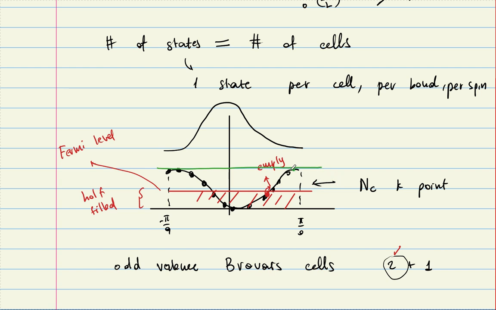And suppose you are this electron, and you want to get some energy from the electric field and contribute to conduction, but there is no state here. So that is gapped, and this is going to be an insulator, and this red one is going to be a metal.